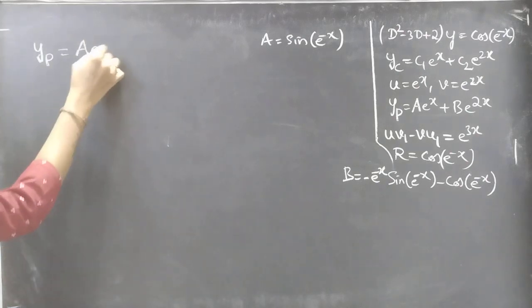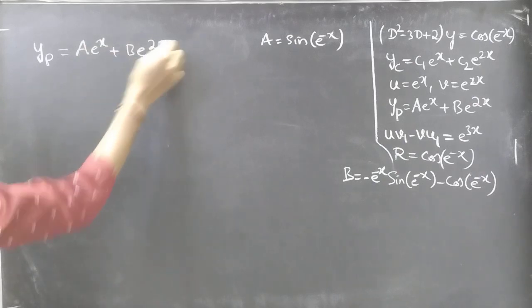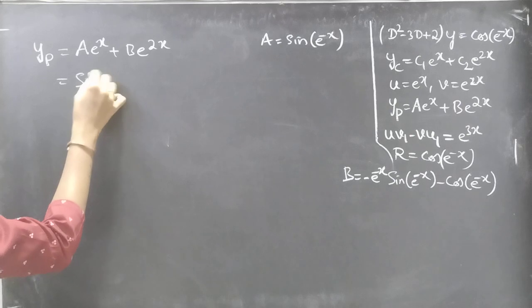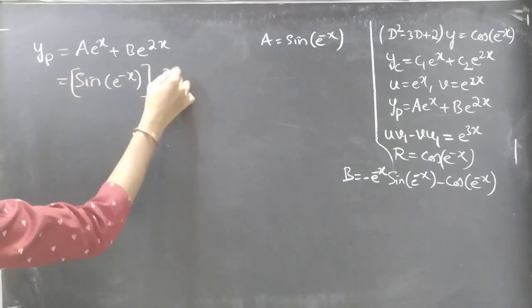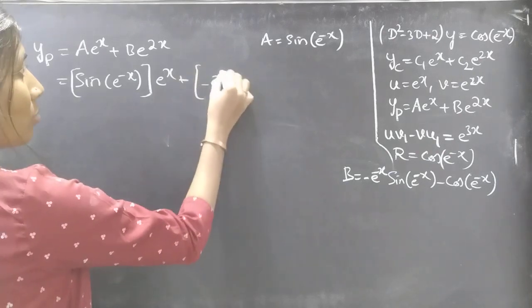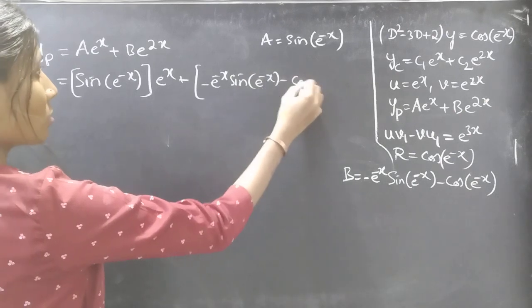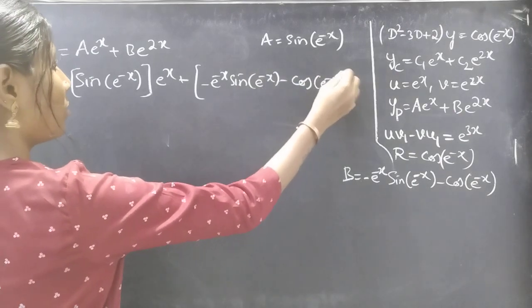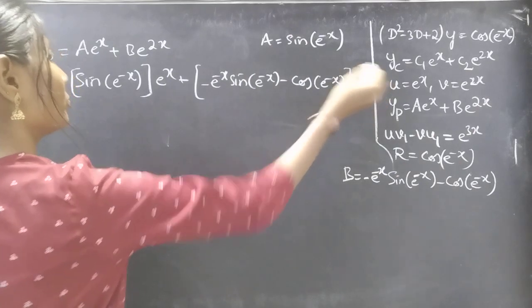yp is given by a into e power x plus b into e power 2x, which equals a, sine of e power minus x, into e power x, plus b, minus e power minus x sine of e power minus x minus cos of e power minus x, into e power 2x.